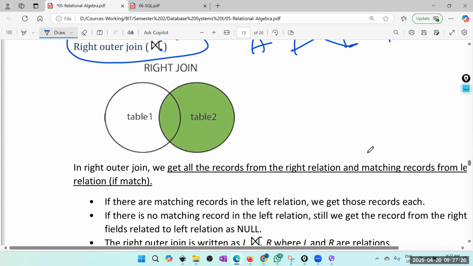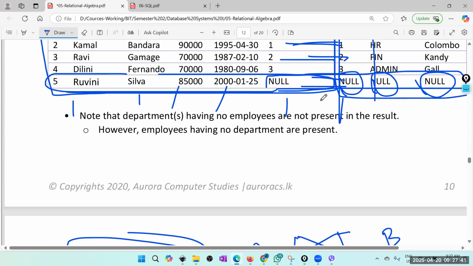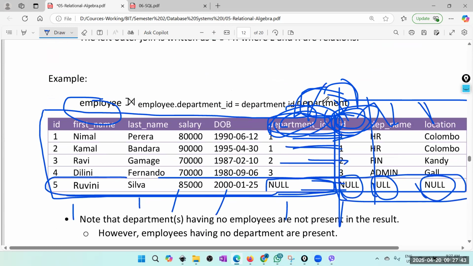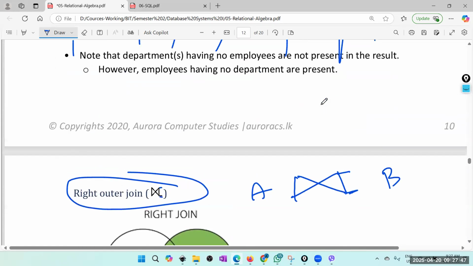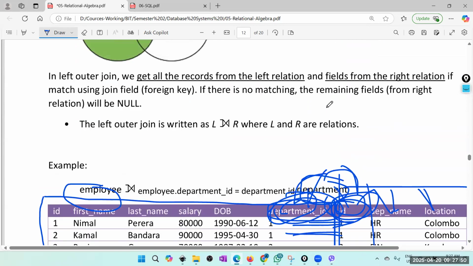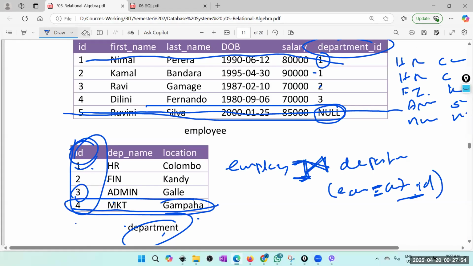You take all the records from the right table. Okay. You take all the records from the right table and relate it with the left table. And if you have a record in the right table which is not related to the left table, you only show the right table fields. Now this is driven from the right table. So let's get back to our original tables.